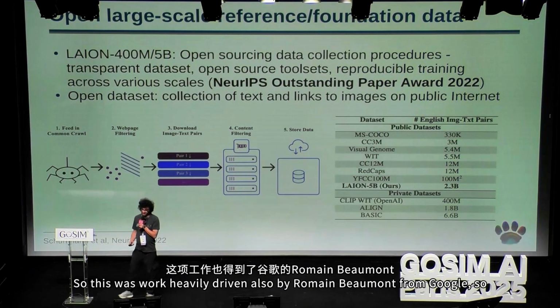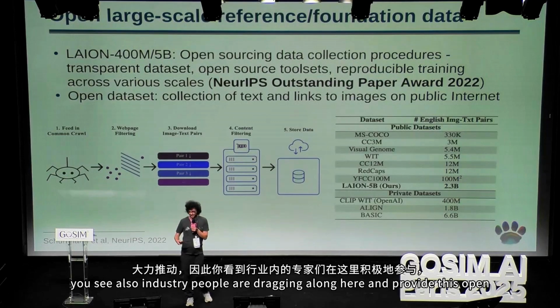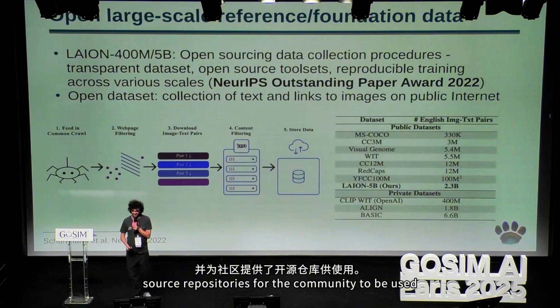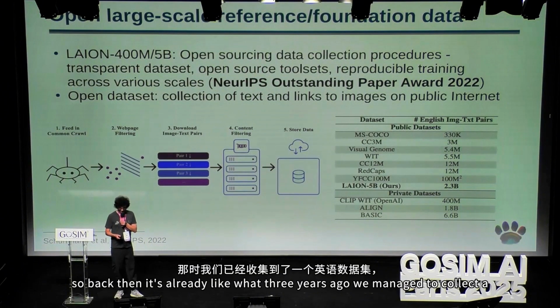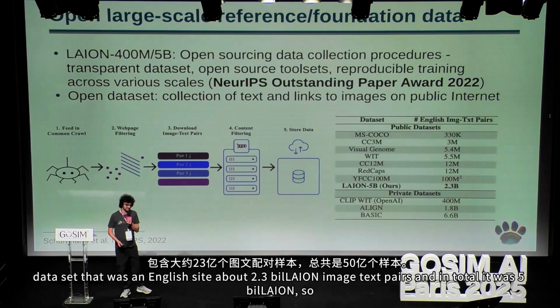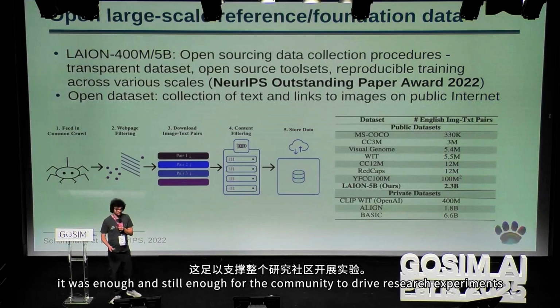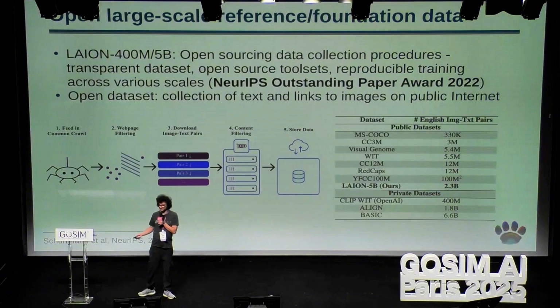So this was work heavily driven also by Romain Beaumont from Google. So you see also industry people are dragging along here and providing these open source repositories for the community to use. Back then, it's already like, what, 3 years ago, we managed to collect a dataset that was on the English side about 2.3 billion image text pairs, and in total it was 5 billion, so it was enough, and still is enough, for the community to drive research experiments.